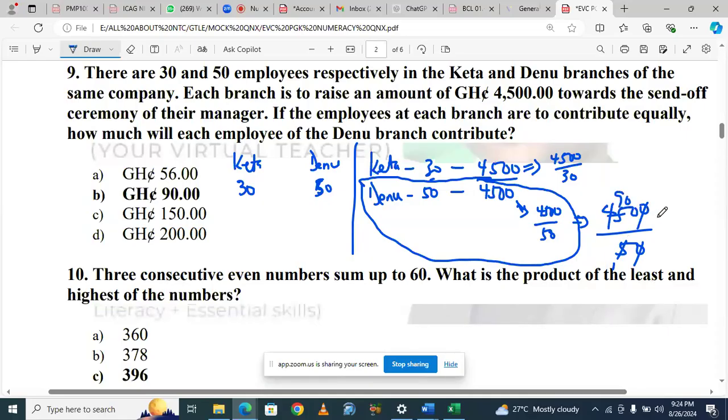Leaving the 0, so 90. So you see the answer is already there for you. Please, is it okay? Yes. I'm sure we all get it. All right. Number 10.